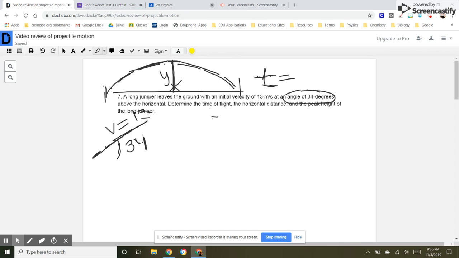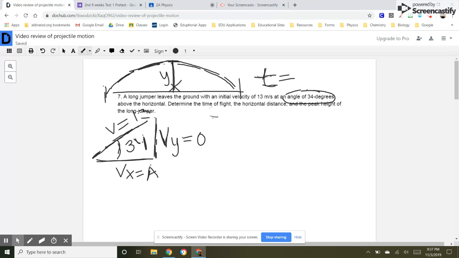So we can use our basic trigonometry skills. We know that this right here is going to be our v of x component. And we know this on the triangle is our v of y component. We know that v of x is adjacent and that v of y is opposite.